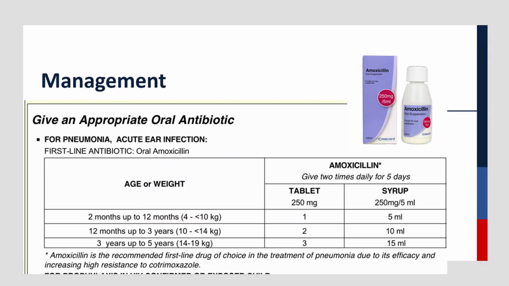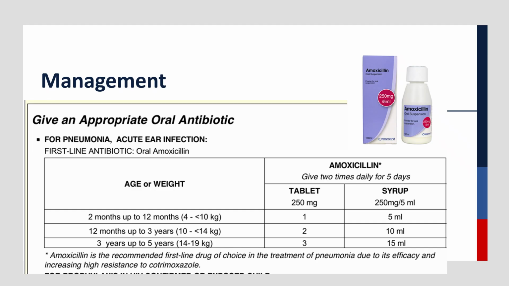Remember, we said that when you classify the child as having pneumonia, you have to give the child amoxicillin, which is the drug of choice. Here I have shown a table where the dosage, how much amoxicillin you're supposed to give, is given for a child 2 months to 12 months, 12 months to 3 years, and 3 years to 5 years.